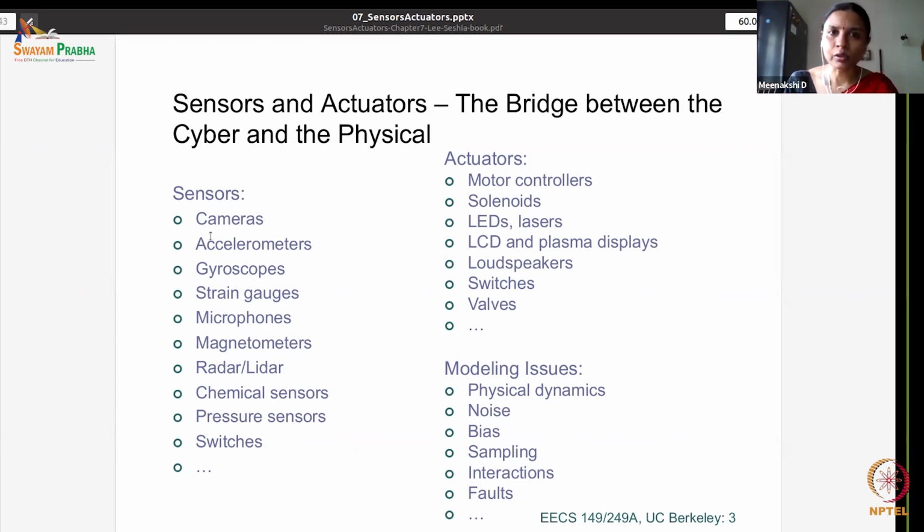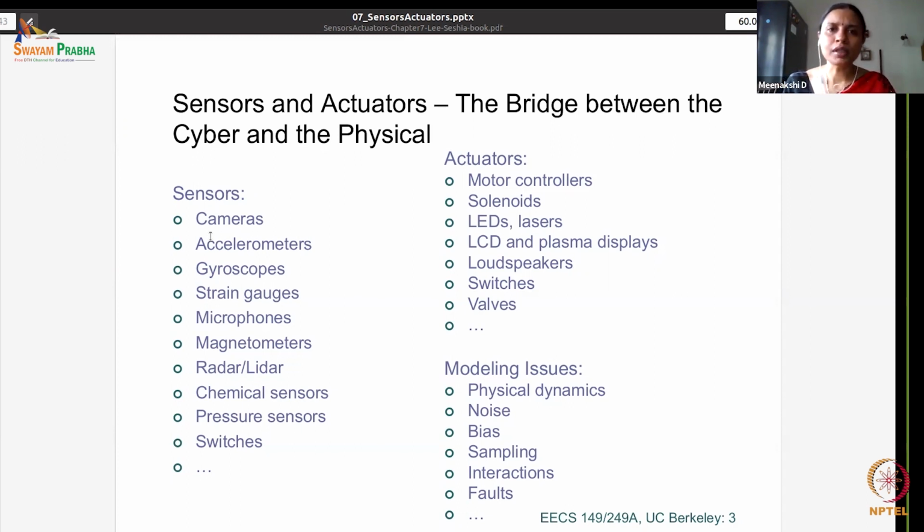Accelerometers, gyroscopes, strain gauges, microphones, magnetometers, sensors for chemical entities based on the chemical plant that one is working on, sensors for temperature, pressure, light, on and off switches, switches that turn on or off a pump, valve, and so on. Several different sensors exist. These all provide inputs depending on the functionality that we want for the cyber-physical system.